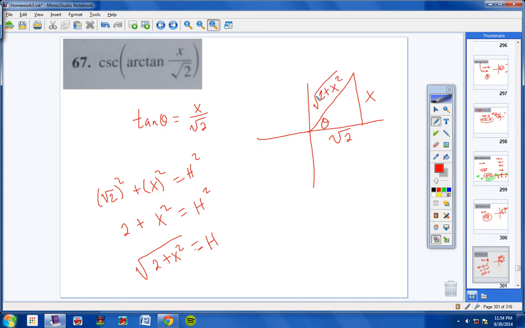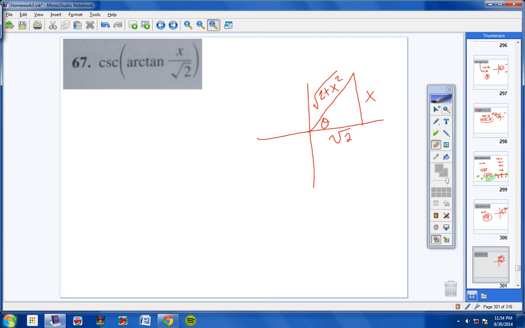All right. So having done that, now we're going to bring down our cosecant, and take the cosecant of theta. Cosecant of theta is the reciprocal of sine, and sine is opposite over hypotenuse, so cosecant would be hypotenuse over opposite.